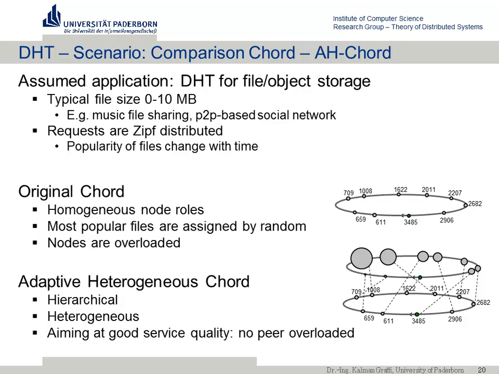Just imagine that you have on the one side the normal Chord ring, but in the second ring that you are also maintaining with the other nodes in the network, you don't use your node ID as identifier but your node capacity. With that you order the nodes by their capacity. And you can also perform a lookup for a node with a given capacity. So you could send a request to a node which has at least a given amount of bandwidth. Okay, but I think that will be presented in the next slide.